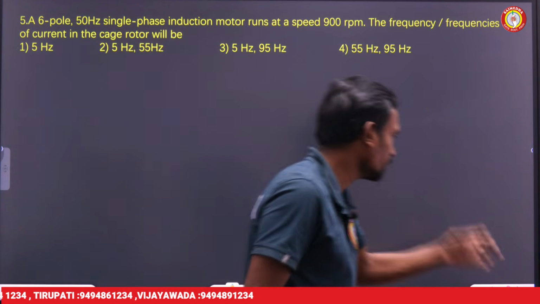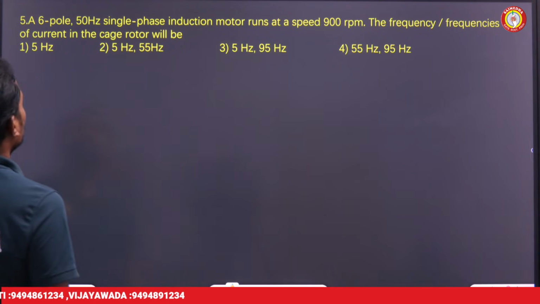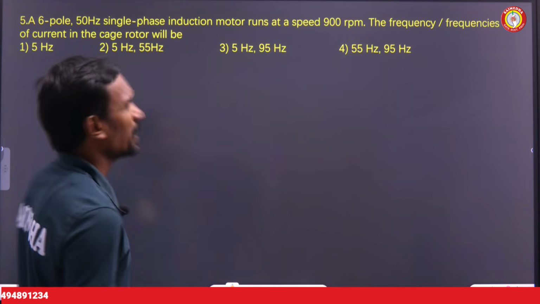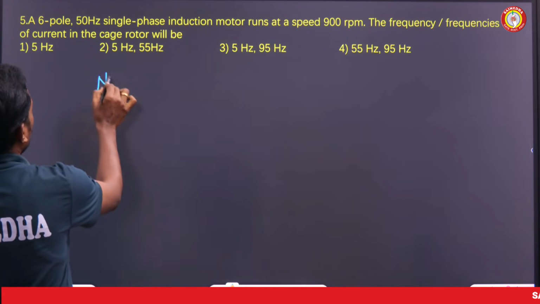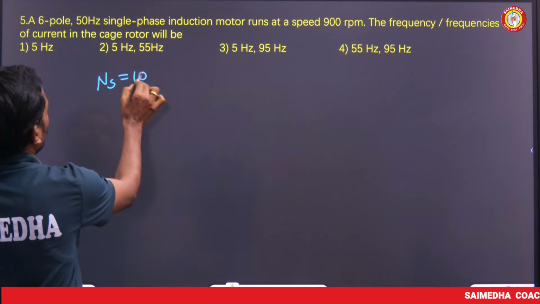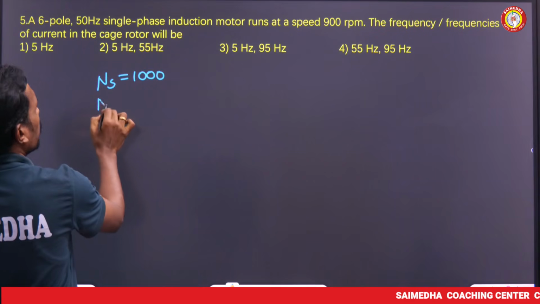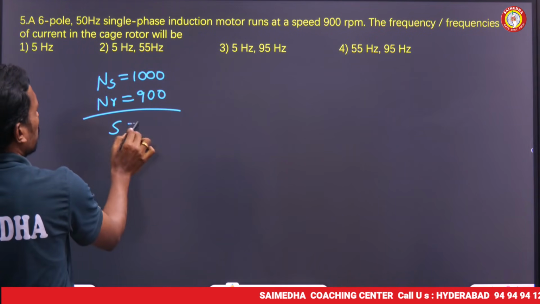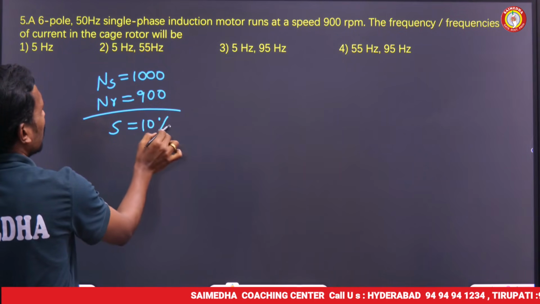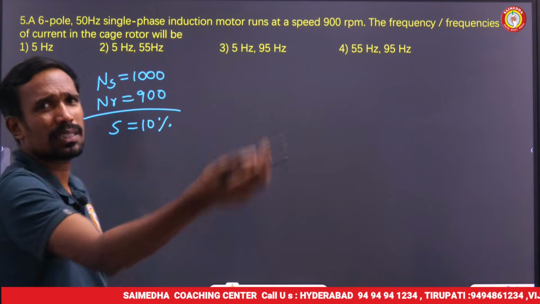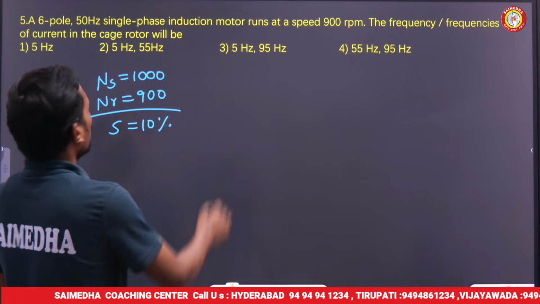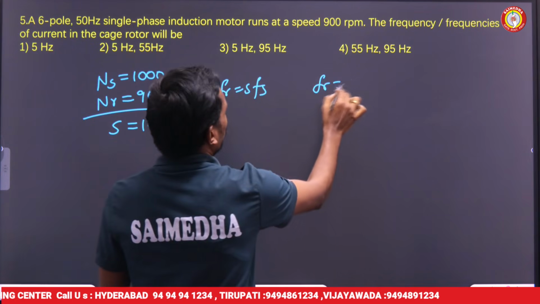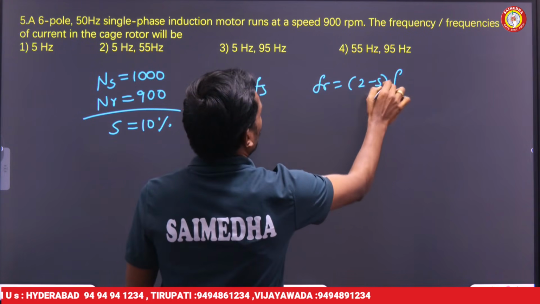Next question. A 6 pole 50 Hz single phase induction motor runs at 900 rpm. 6 pole 50 Hz is nothing but the synchronous speed is 1000, and the rotor speed they gave is 900. So the slip is 10%. Then the rotor frequency Fr = S × Fs, and the other is Fr = (2 - S) × Fs.